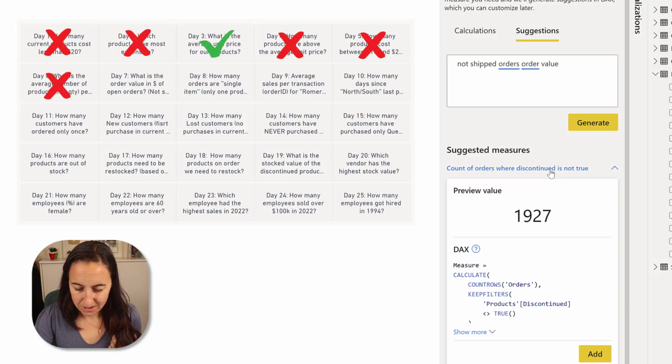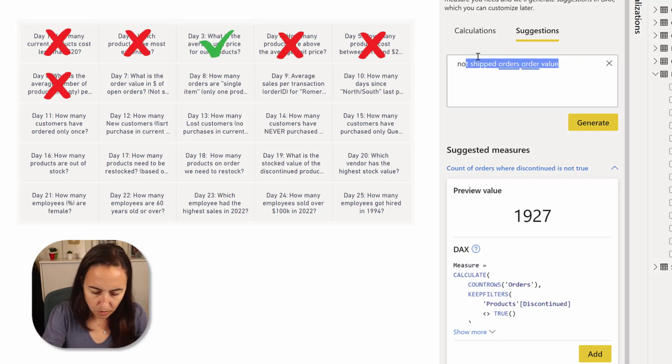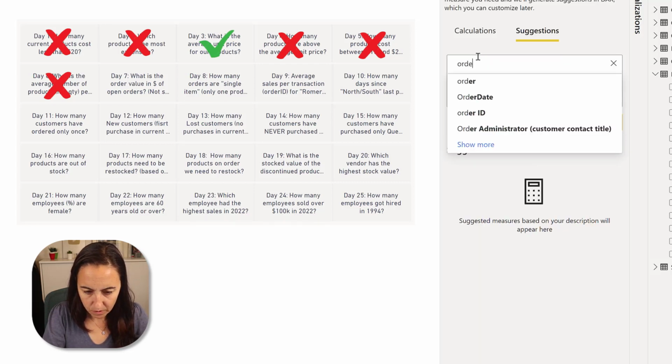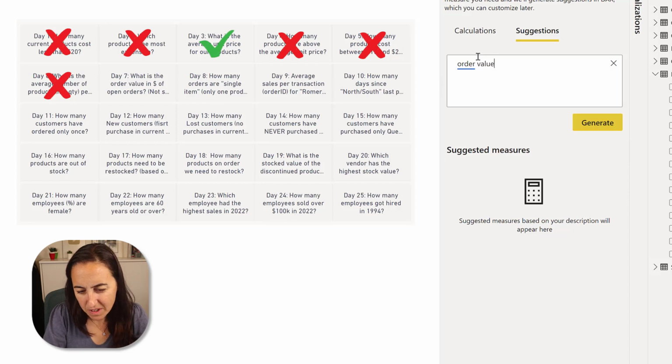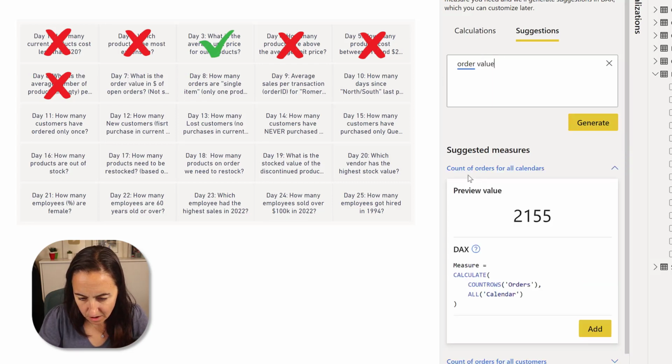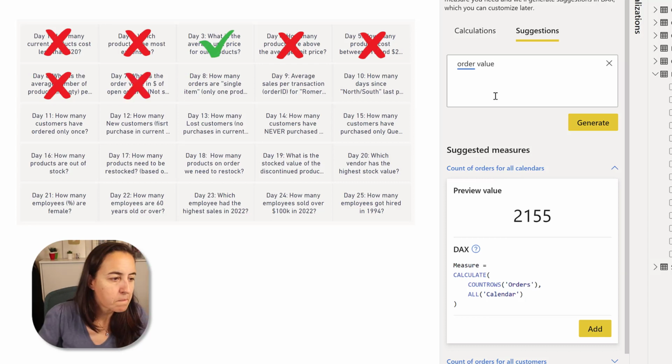No, that's not it. But that should help with current products cost. What is the order value? No, I'm talking about order value. Order value. Probably doesn't understand what order value is. Count of orders, no. Okay, so that's a no.